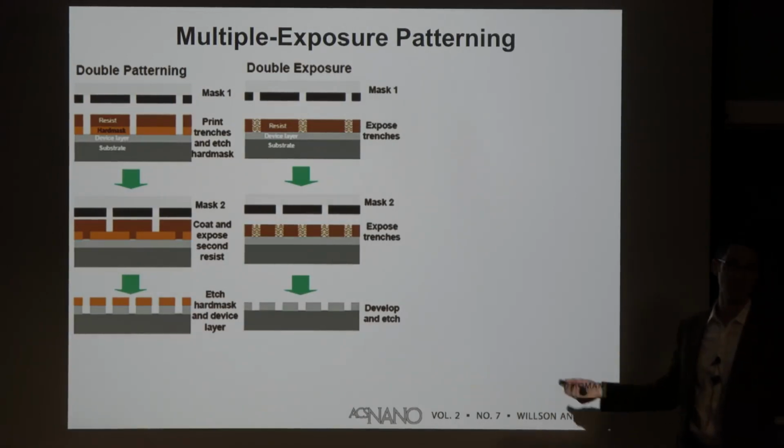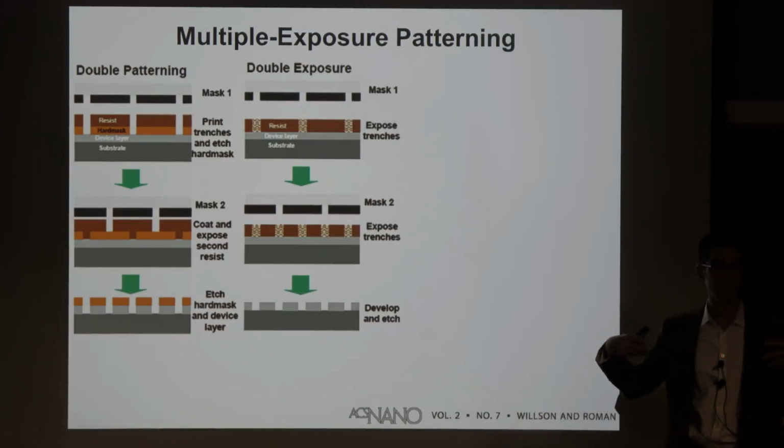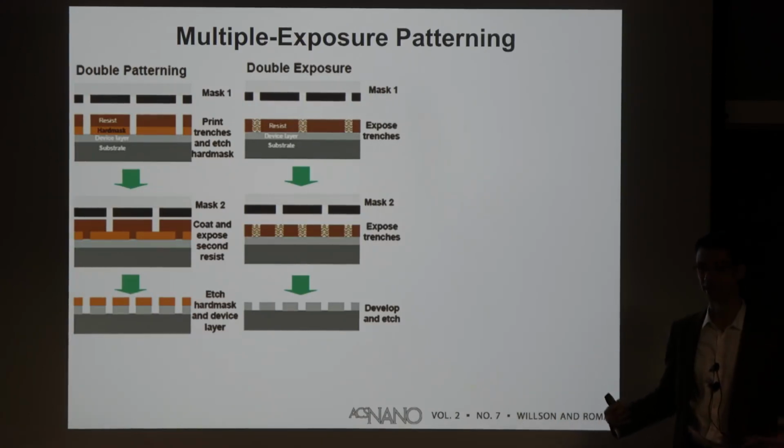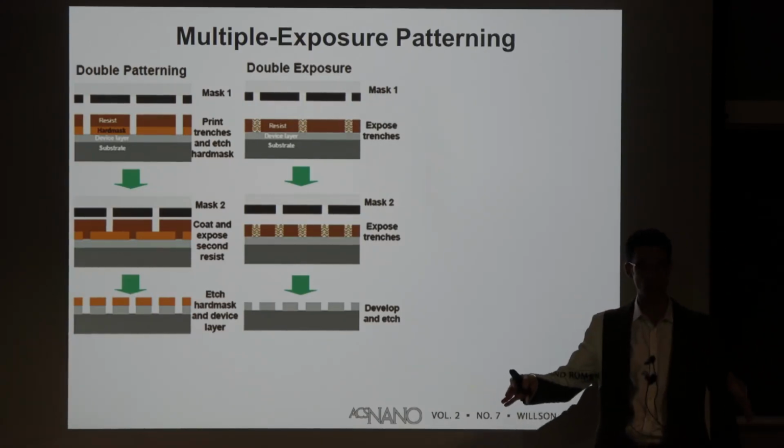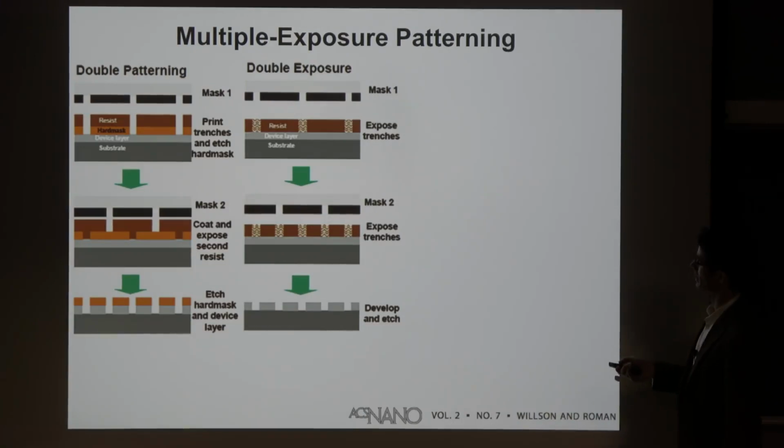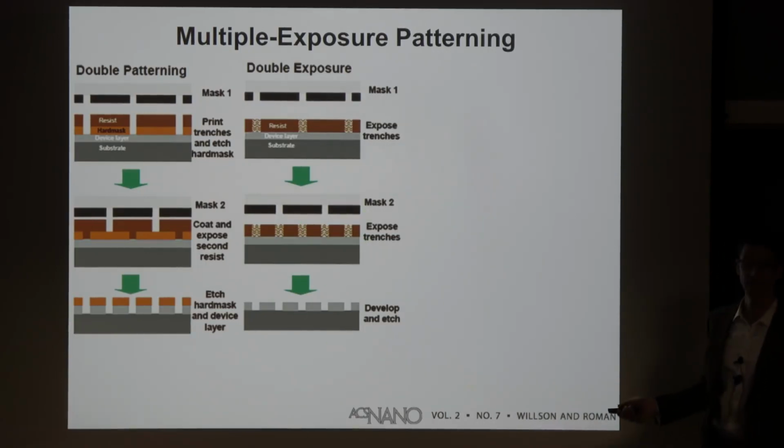So you do some heat treatment or something, and the photoresist film can actually forget that it's been exposed in the areas around the exposed region. So in this case, you only need 1 photoresist film and you get the pattern that you want, but you need 2 masks still.